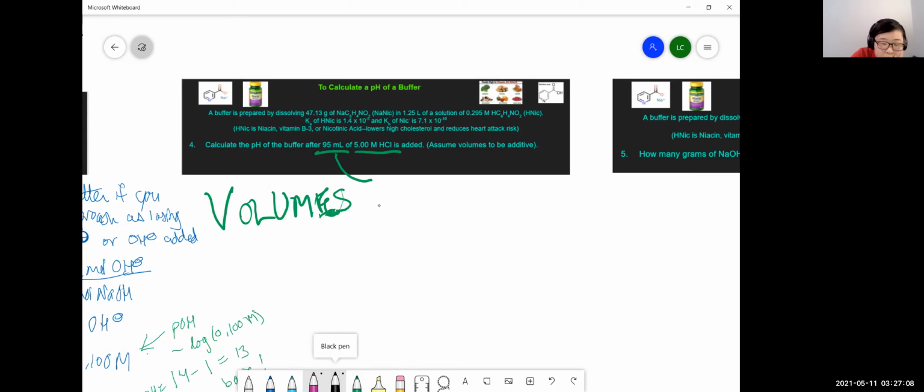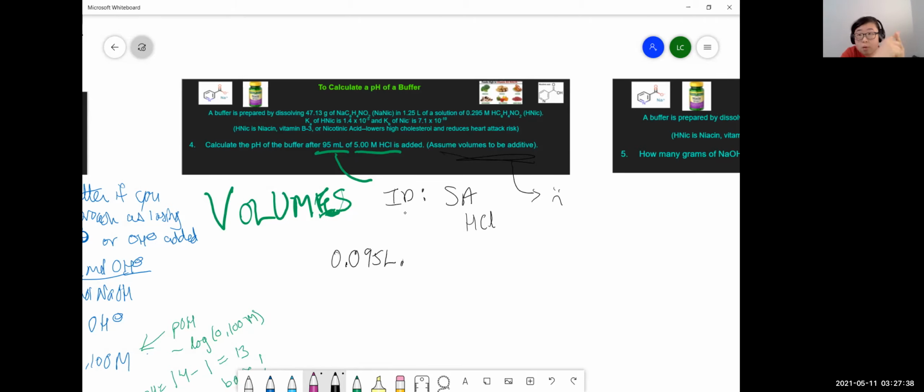Okay, so once we do this, it says 95 milliliters of 5.0 molar HCl. Again, we ID it as a strong acid. HCl is a strong acid. So we realize it's 5.0 molar HCl, and we need 0.095 liters, but the volumes are additive in this example. So that means we have to just calculate moles.